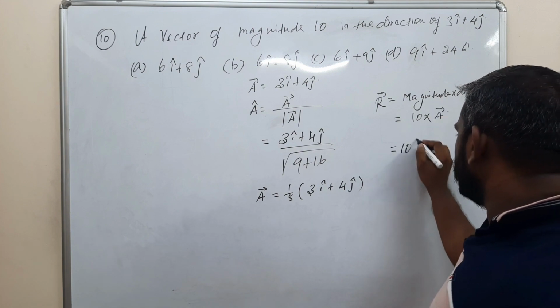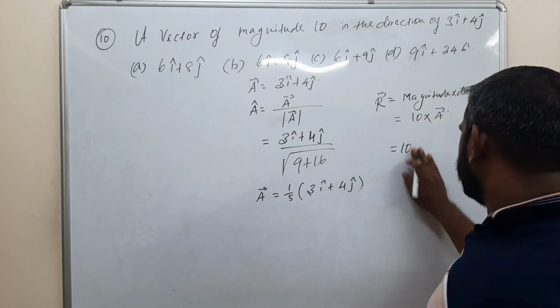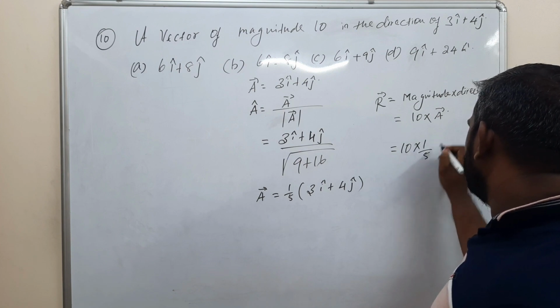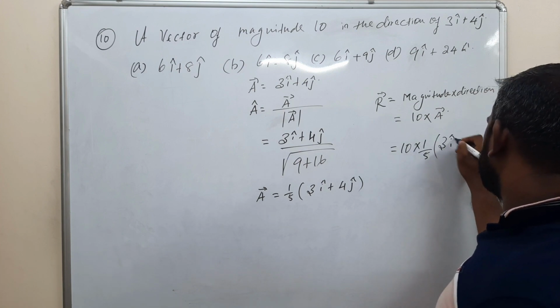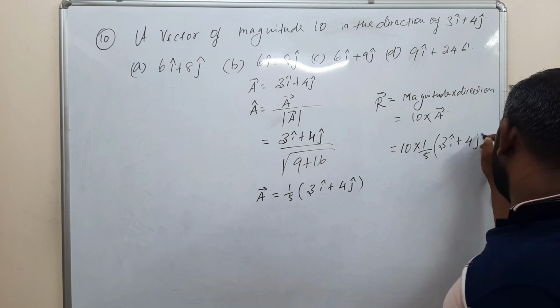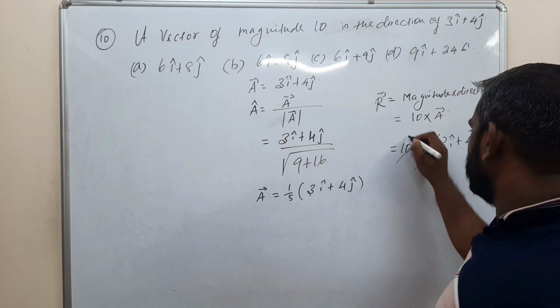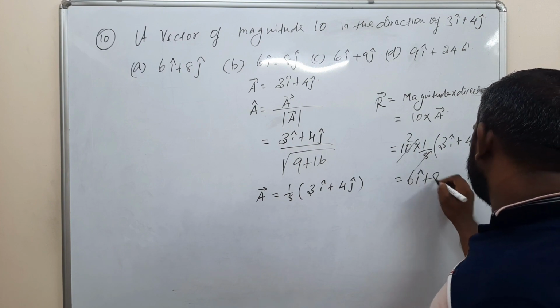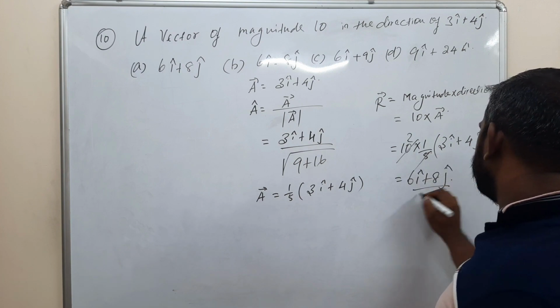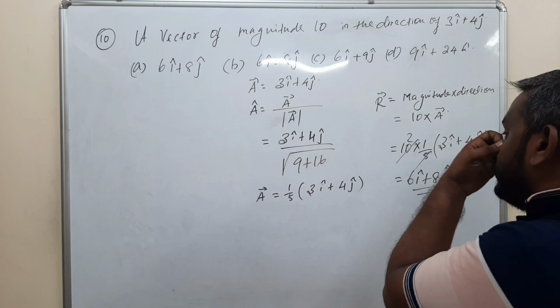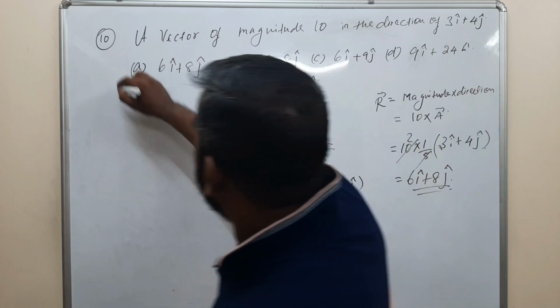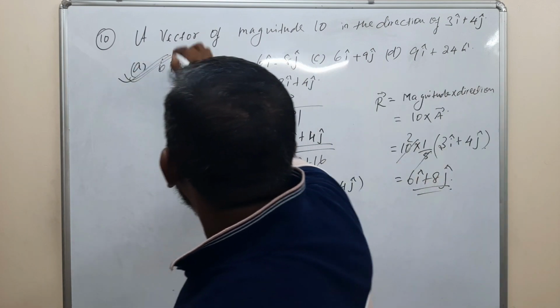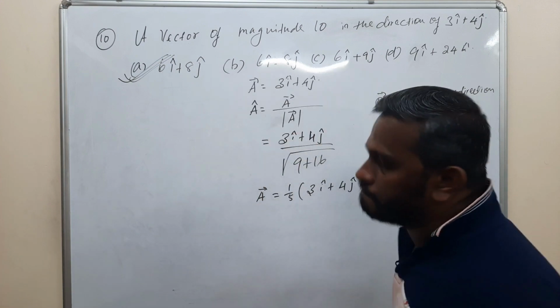So that's equal to 10 into 1 by 5 into 3i cap plus 4j cap. So that's equal to 6i cap plus 8j cap. So option A is the answer.